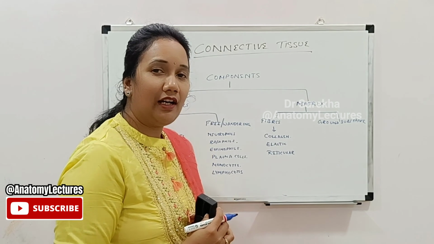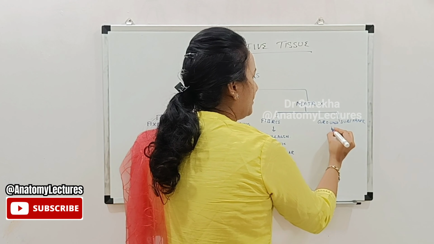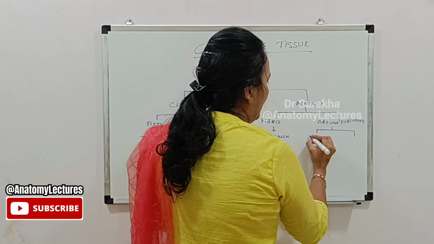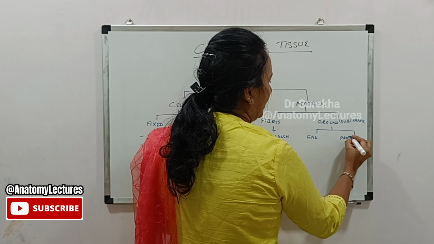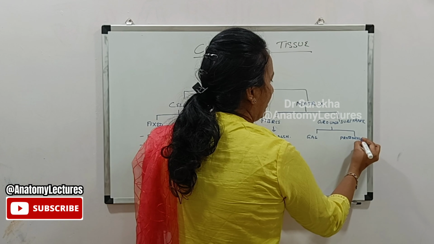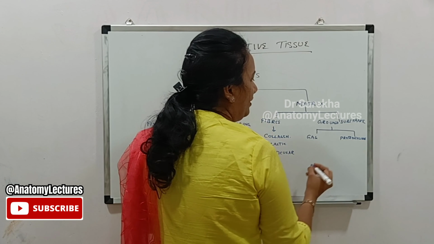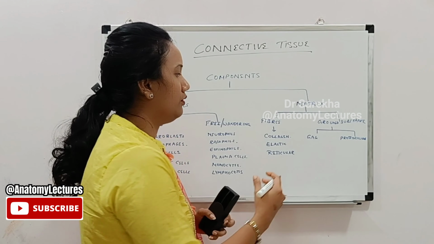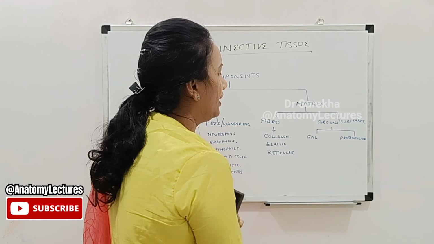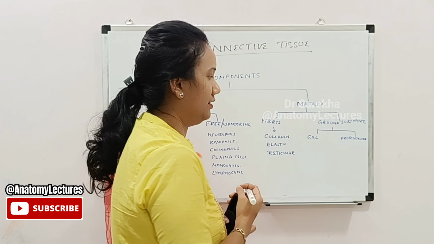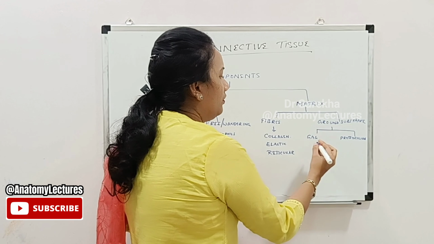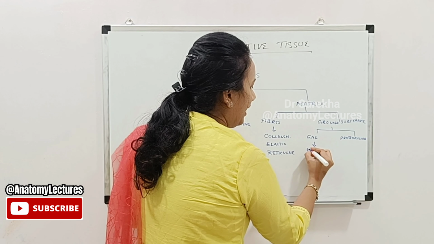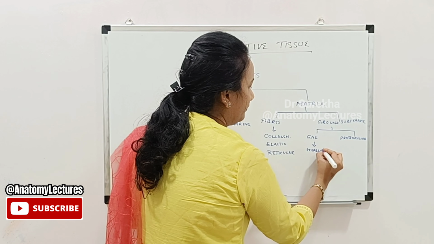Next, coming to the ground substance. This ground substance is made up of glycosaminoglycans and proteoglycans. So proteins and sugars together make the proteoglycans and glycosaminoglycans. Glycosaminoglycans are non-protein; the example for this is hyaluronic acid.